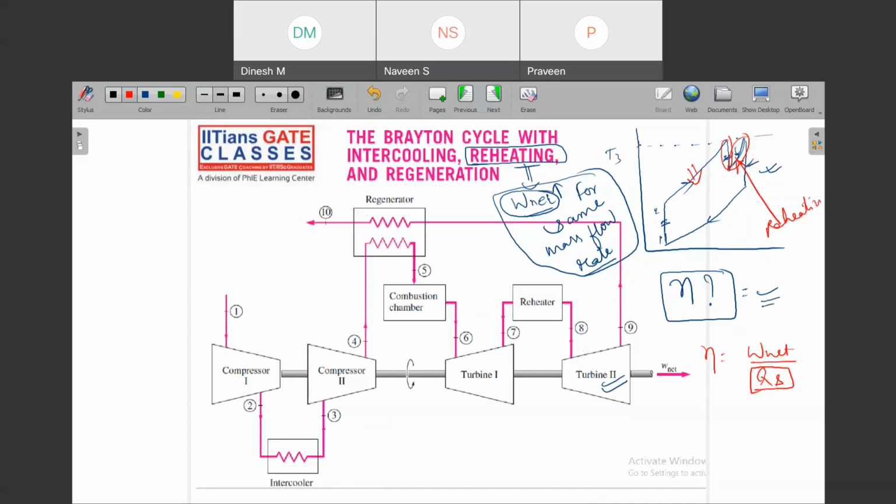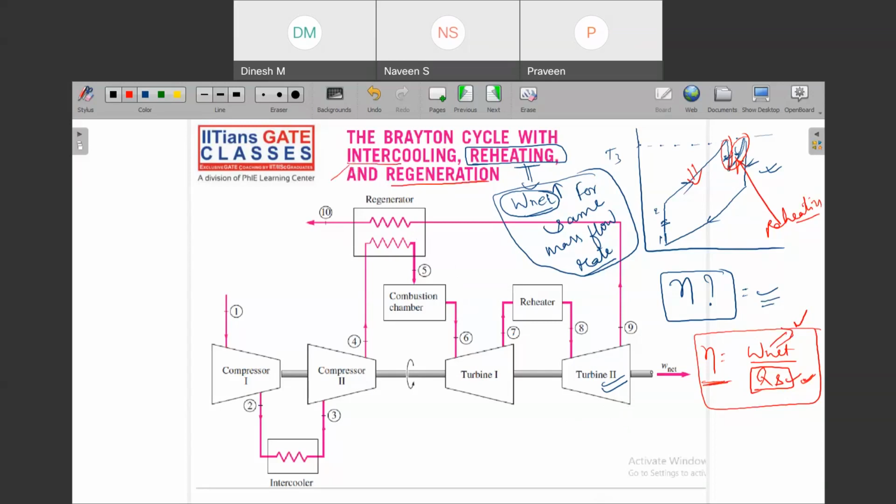So your W net has obviously increased, but Q supplied has also simultaneously increased. So the relative magnitudes would decide what happens to the efficiency. Got the idea? And with regeneration, we have seen efficiency increases.